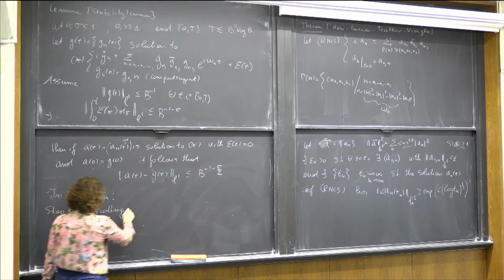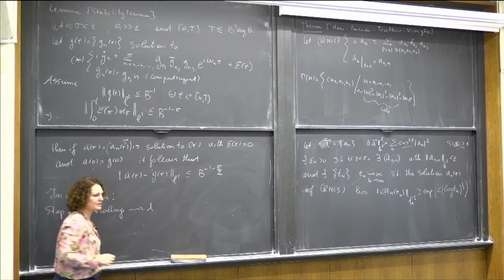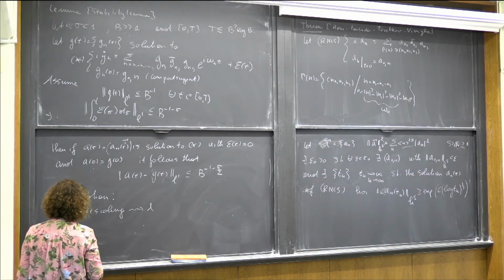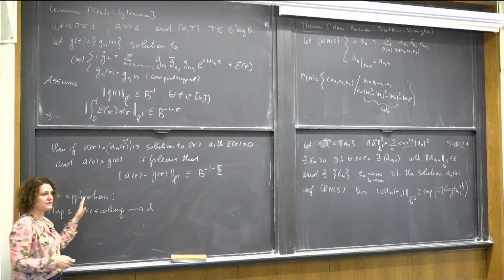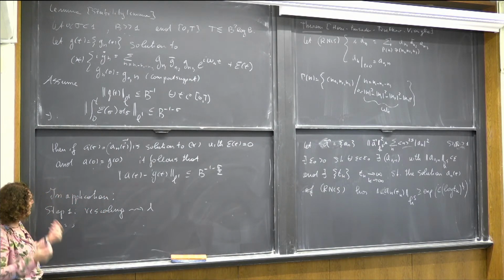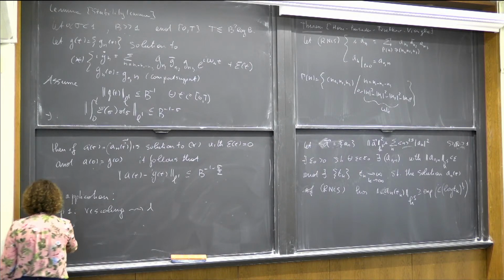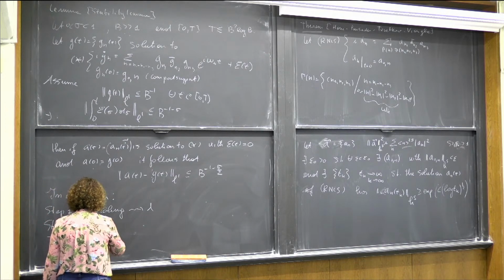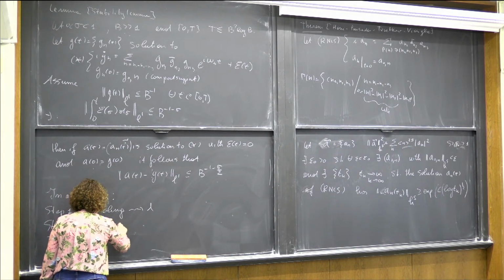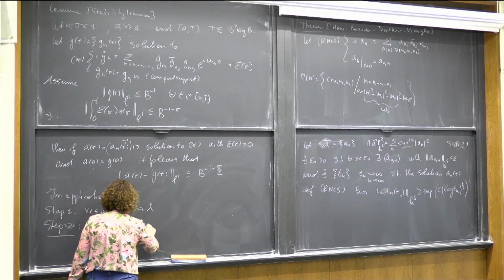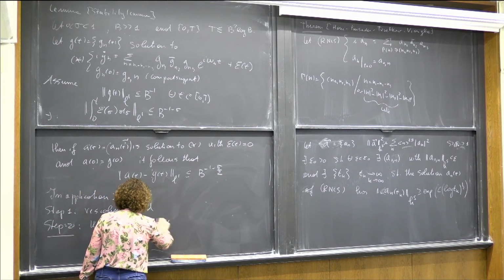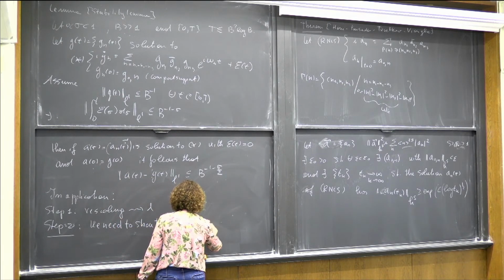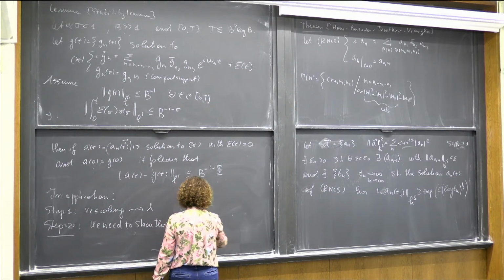There is going to be a parameter lambda, and this parameter lambda is going to make the L1 norm small. You can do this because this is not a critical system; we have a lot of regularity. Then step two, how do we apply this? We need to show that this quantity, the sigma, is small.